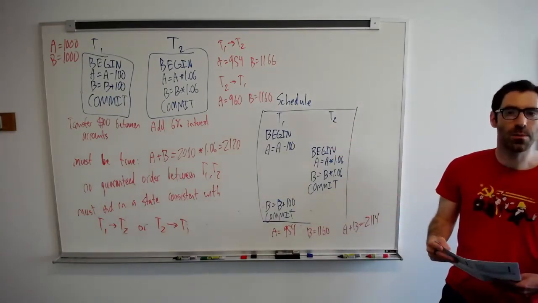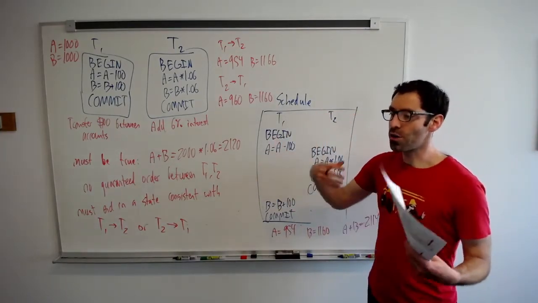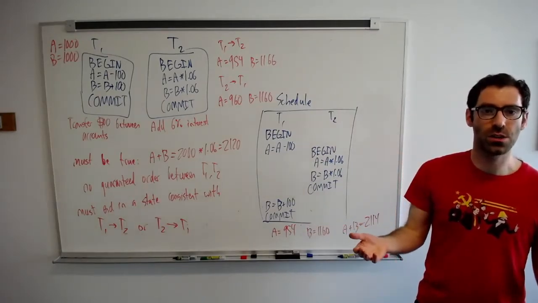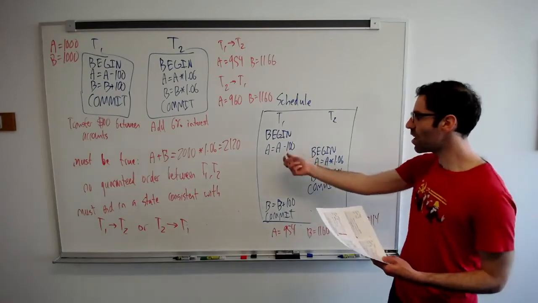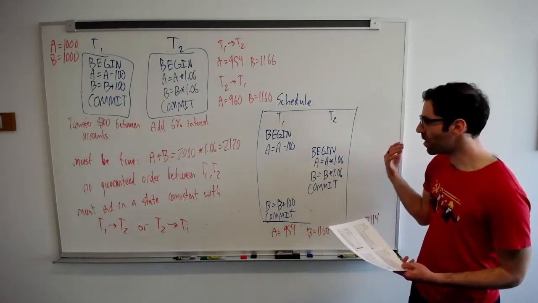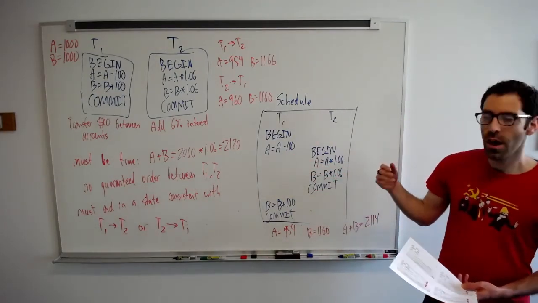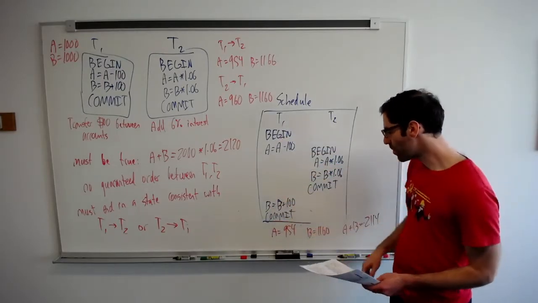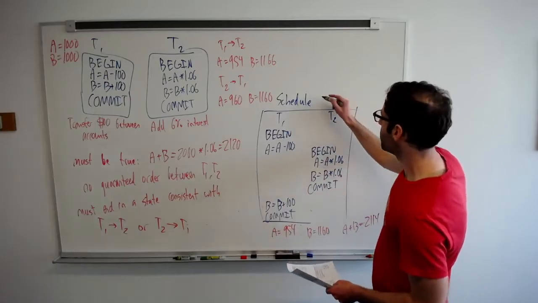And I said at the beginning that our database is going to view this only in terms of reads and writes to particular objects. It's not going to know the semantics, that this is computing interest, that this is doing a transfer.